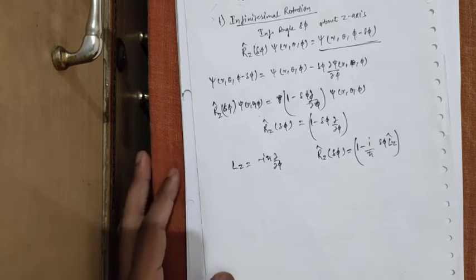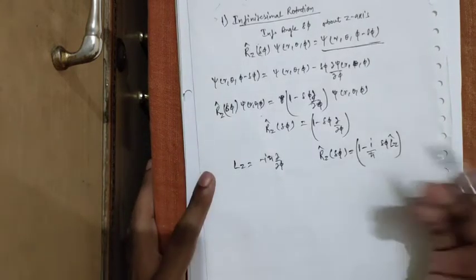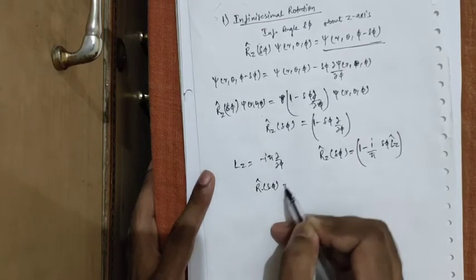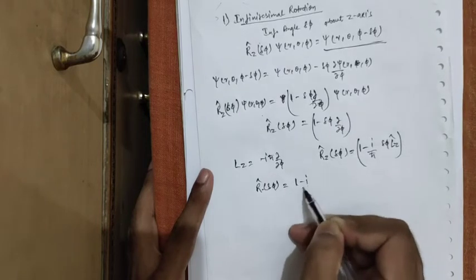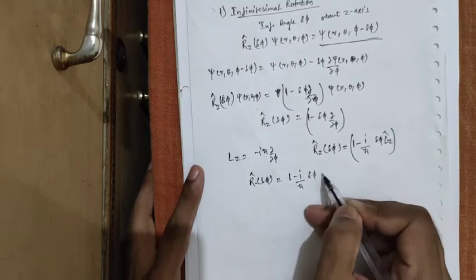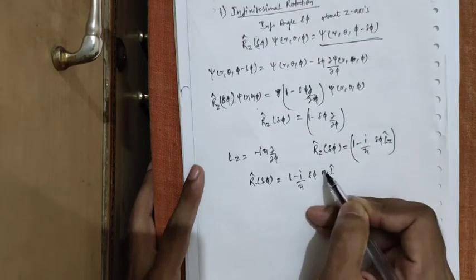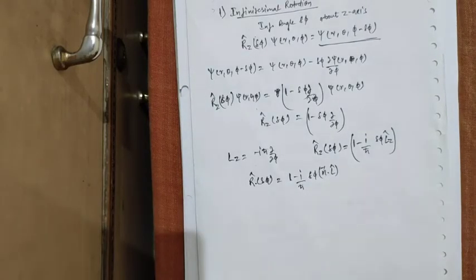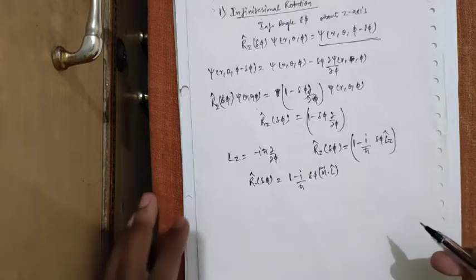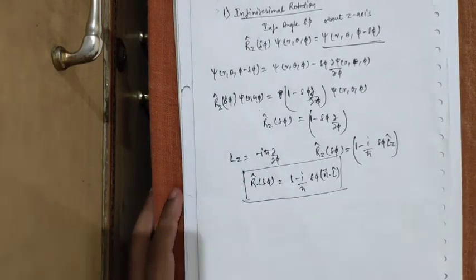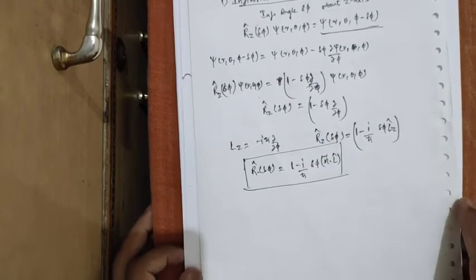For an arbitrary axis n, this will look like 1 minus i by h cut del phi n dot L. You can get this for any rotation, for Lx about the x axis, and about the y axis. So this acts as a generator.